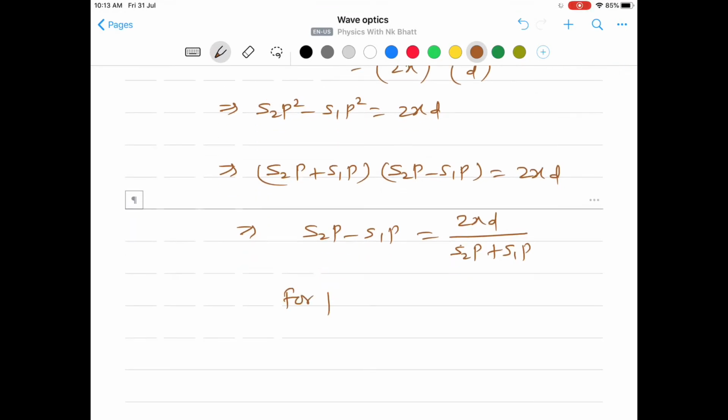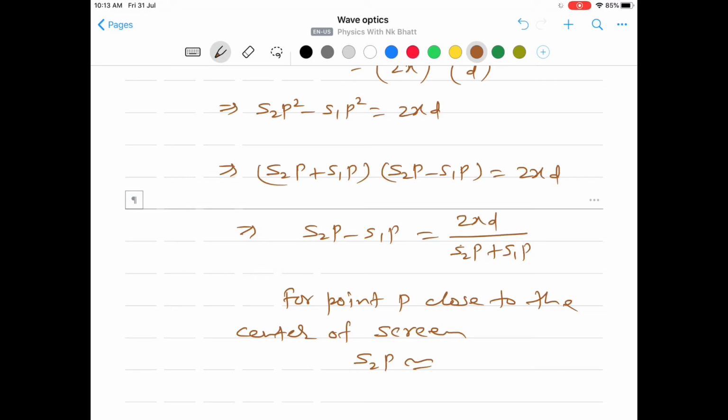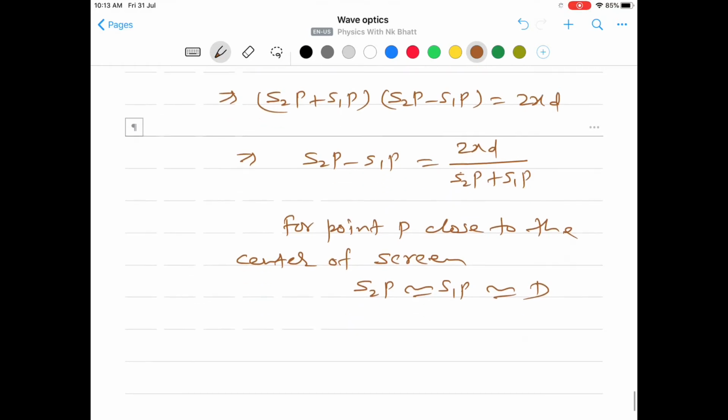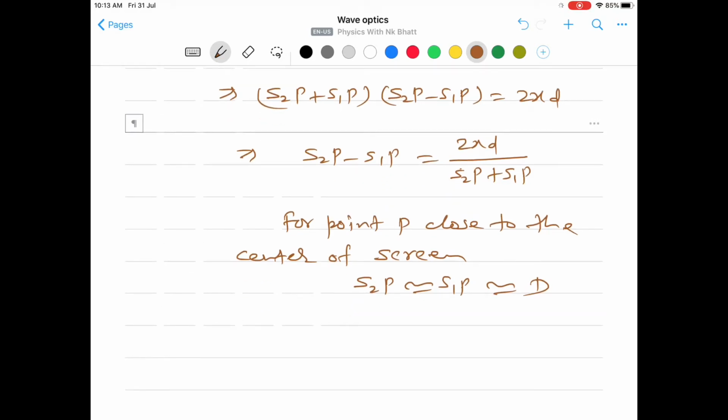For point P close to the center of the screen, S2P is nearly equal to S1P is nearly equal to capital D. It is an approximation that we are following here. So whatever result we get at the end gives the approximate positions.